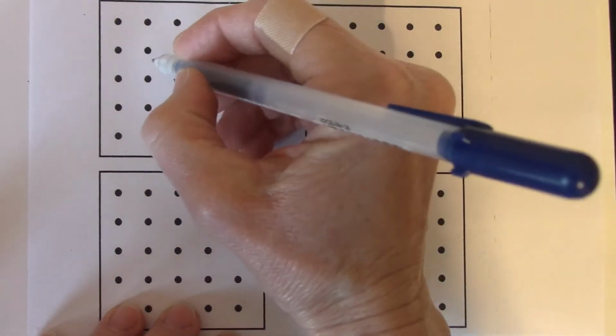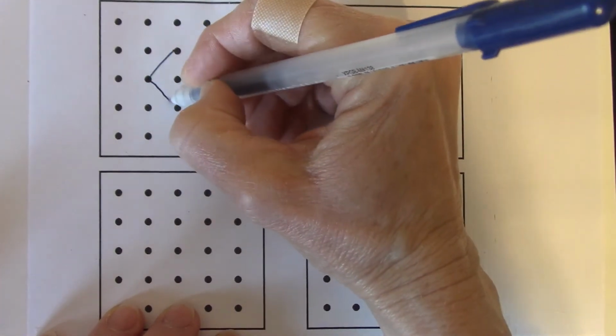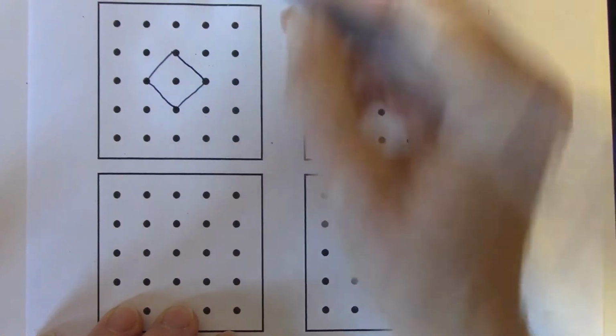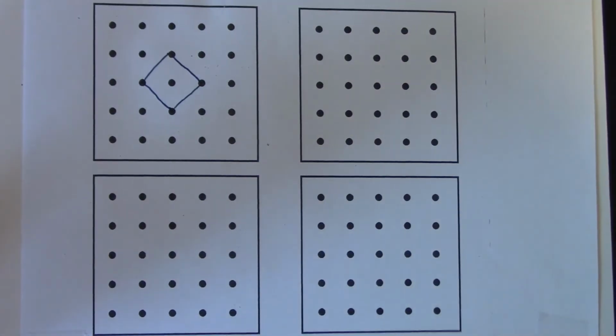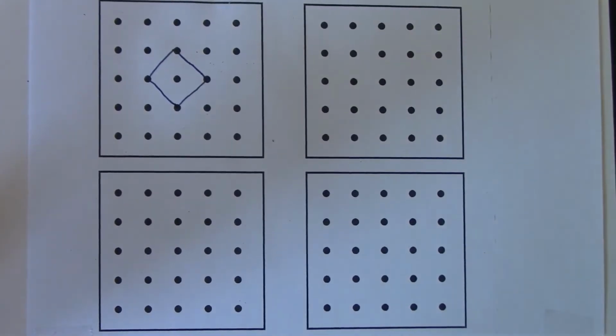And one of them can be found going diagonally like so. And I see that that's a square because the sides are the same. It's diagonally through the corners. And then the question is, how do I find the area of the square?